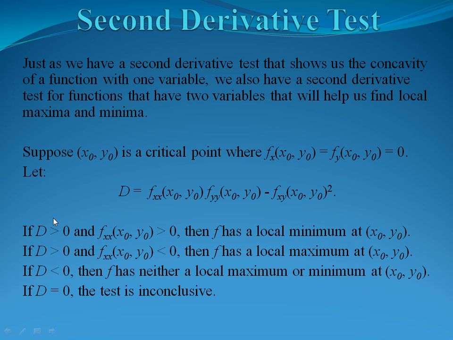However, if D is positive, then we want to look at the second partial derivative with respect to x term. If that's also positive, then f has a local min at our critical point. If the second partial with respect to x is negative, then f has a local max at our critical point. And so we'll use this test to figure out local maxes, local mins, neithers, or inconclusives.